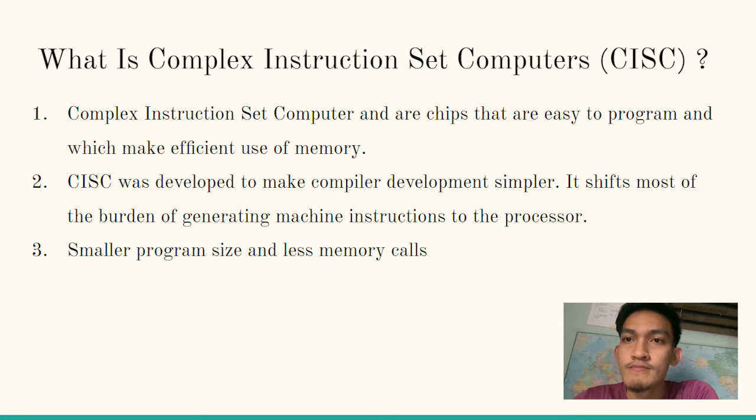For example, instead of having to make a compiler write a long machine instruction to calculate a square root, a CISC processor would have a built-in ability to execute this. It's because CISC has a smaller program size and uses fewer memory calls.